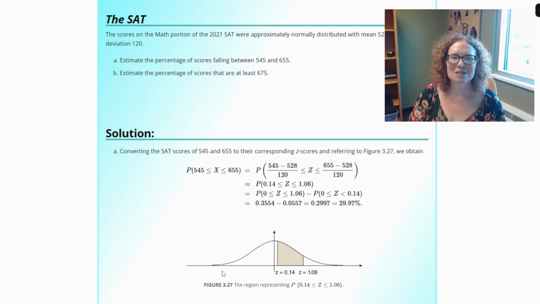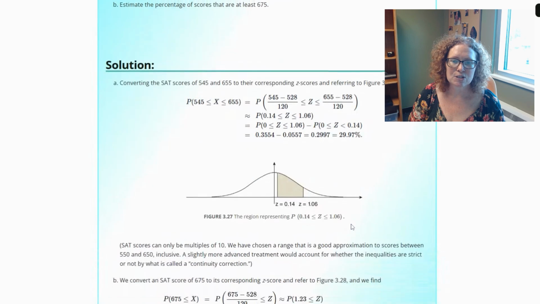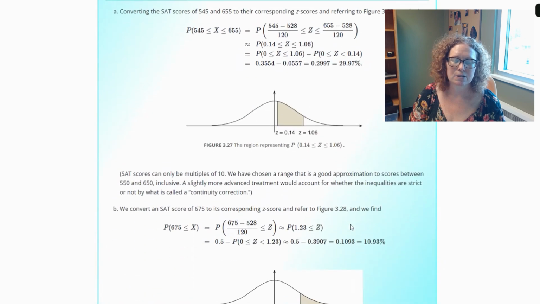So this is the percentage of scores that fall between those two numbers. So we find the z-scores, the 1.06 and the 0.14, and then we just find the percent from that.